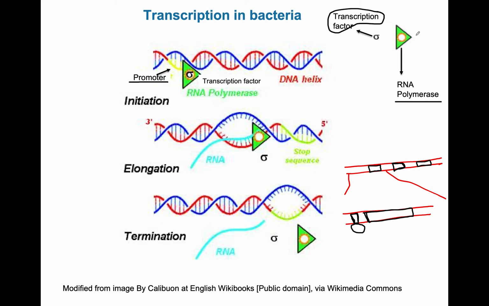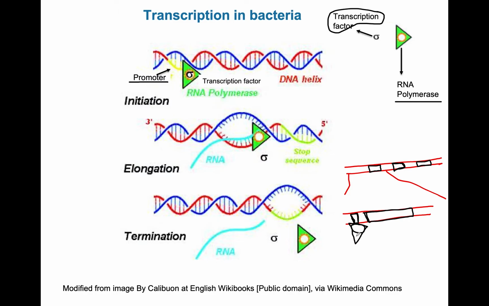So that's shown here as a triangle. First the transcription factor is recruited, then that transcription factor brings in the RNA polymerase. So the role of the promoter is to recruit the enzyme that is required to make RNA.